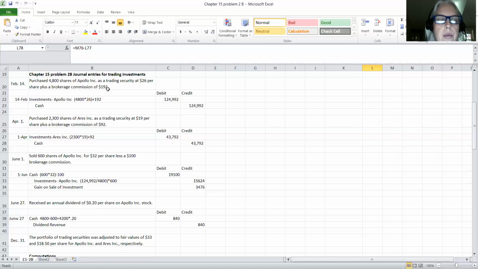So on February 14th, what you did is you purchased 4,800 shares of Apollo stock, and you purchased this as a trading security. So that lets us know that this is a current asset that we're dealing with, because we have bought these securities to be able to trade them on a daily basis.